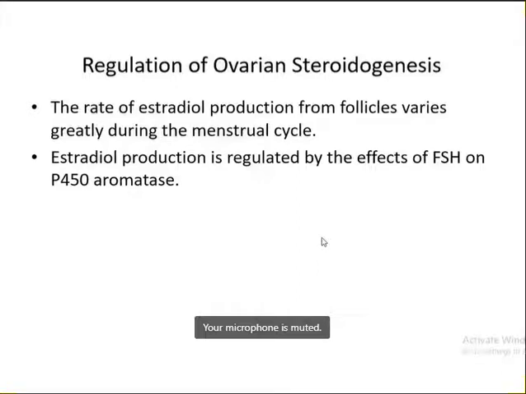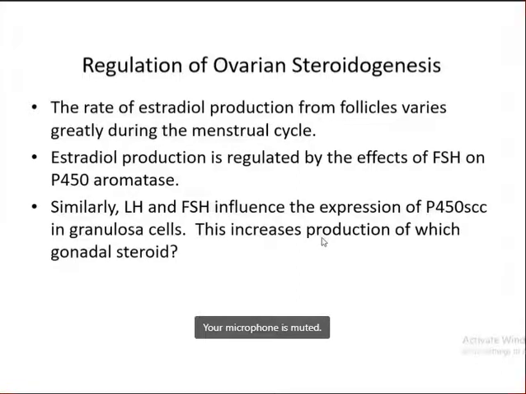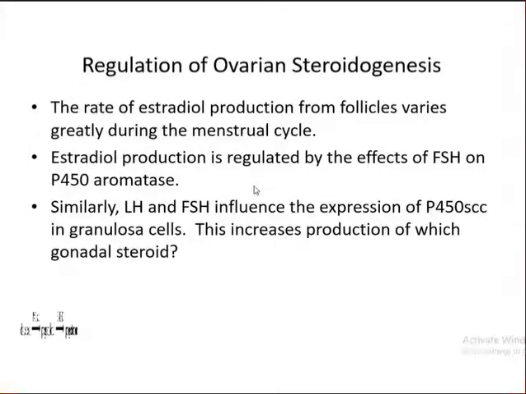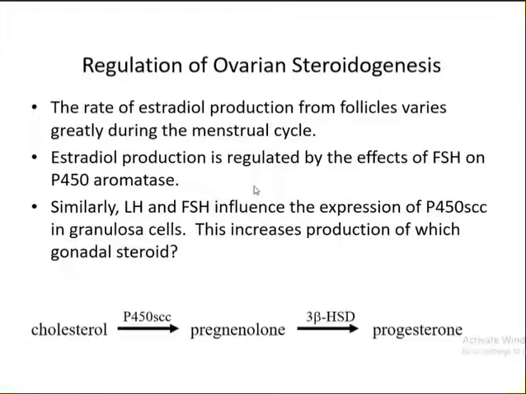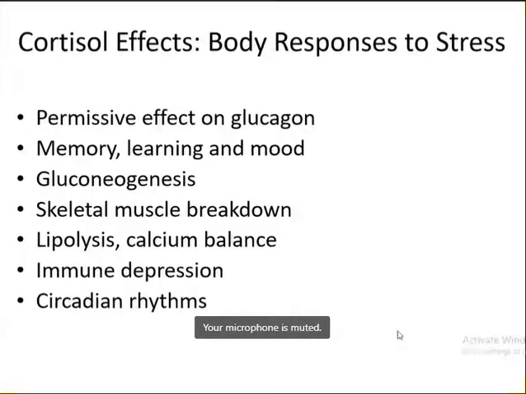Similarly, LH and FSH influence the expression of the P450 side chain cleavage enzyme in granulosa cells. This increases production of gonadal steroids. Now remember the role of LH and FSH here. Now cholesterol, side chain cleavage enzyme, pregnenolone, 3-beta hydroxysteroid dehydrogenase, progesterone. Now this is cortisol. I am not going into this.